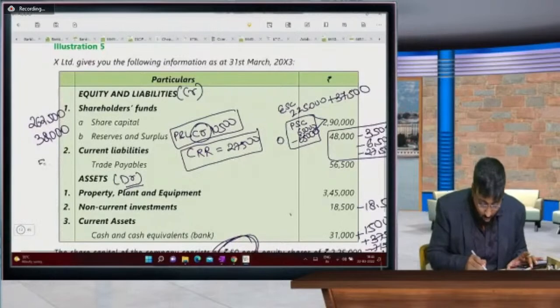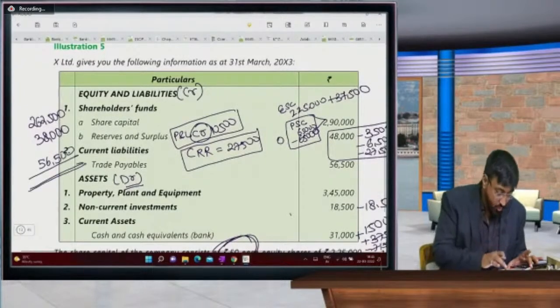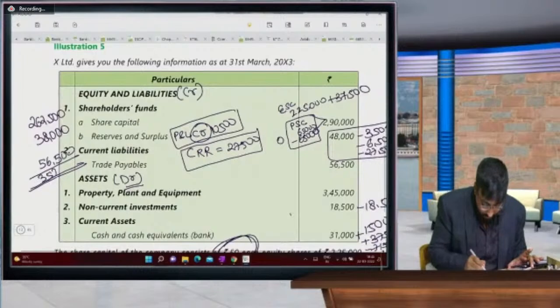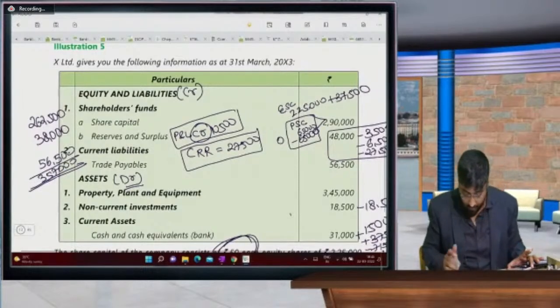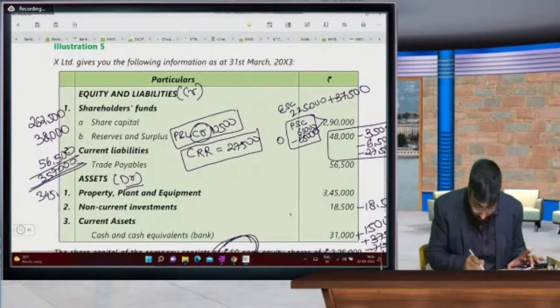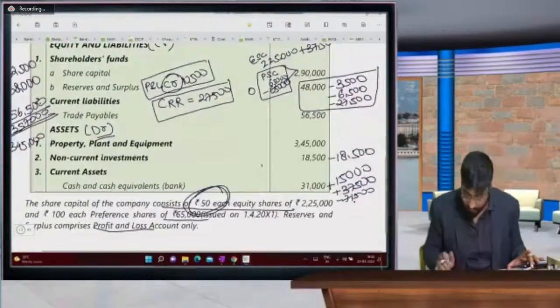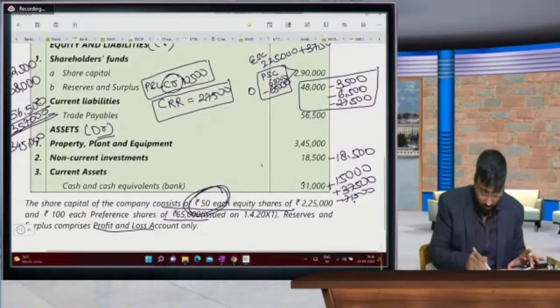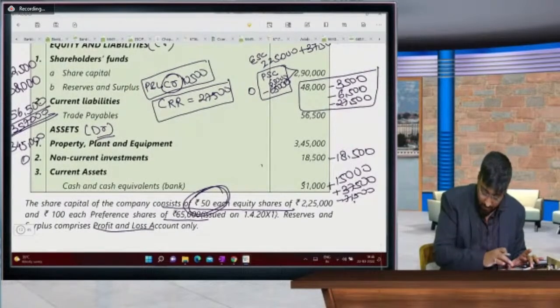Trade payable no change. 56,500. Let's take a total. 3,57,000. Property, plant and equipment 3,45,000. And bank balance. Investment zero. 31,000 plus 15,000 plus 37,500 minus 71,500.